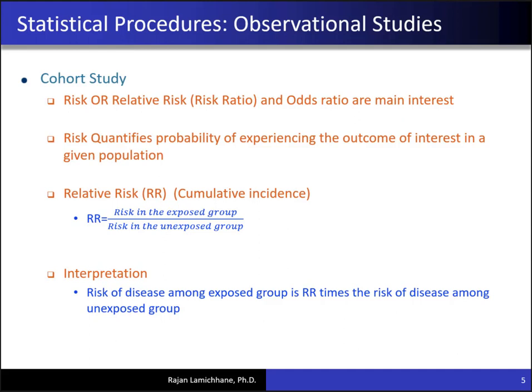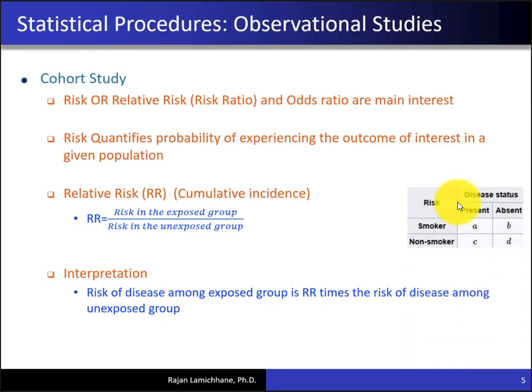Now, first, let's discuss the risk ratio. The risk quantifies the chance of experiencing the outcome of interest in a given population, and the relative risk, sometimes also called the cumulative incidence, is the ratio of risk between exposed and unexposed groups. Here's an example.